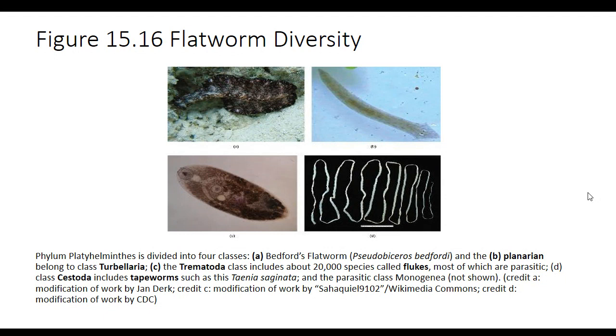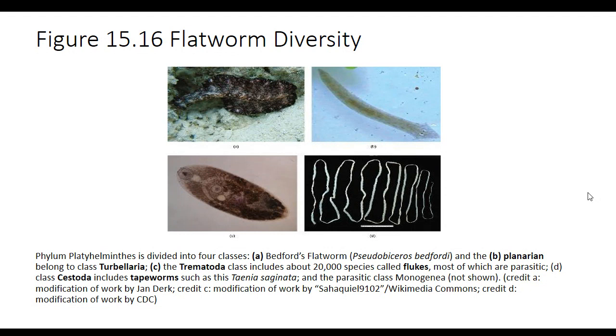But these tapeworms have the head end with hooks on it that will attach to, for example, the wall of your small intestine, and then the rest of the worm will just trail behind it along through your small intestines, absorbing nutrients. And they'll have segments.